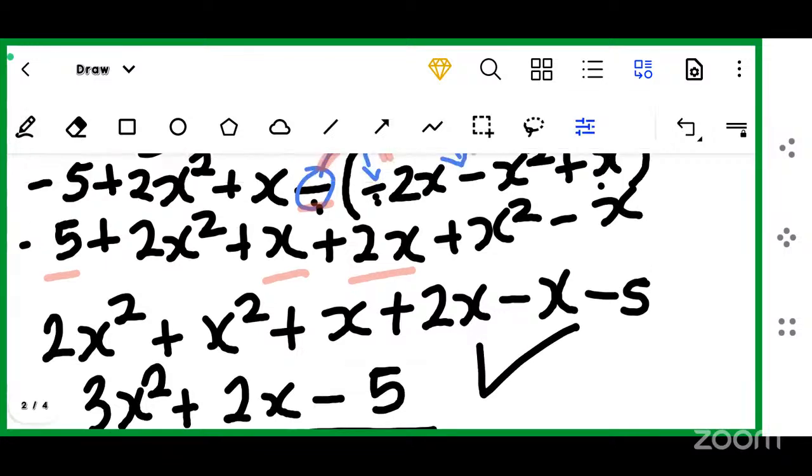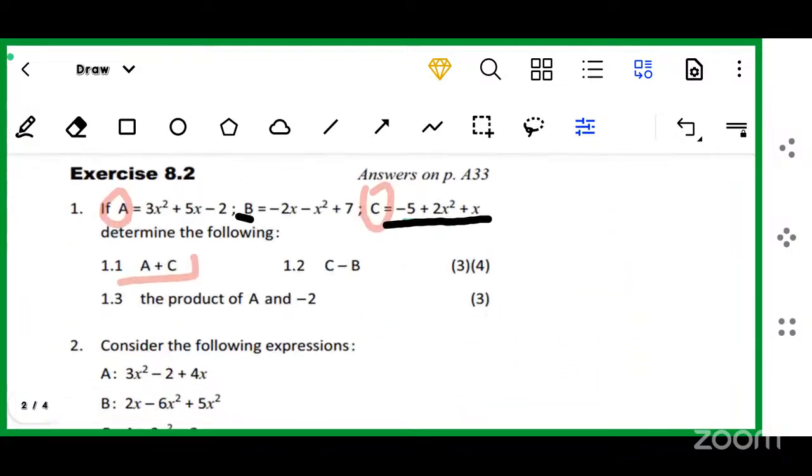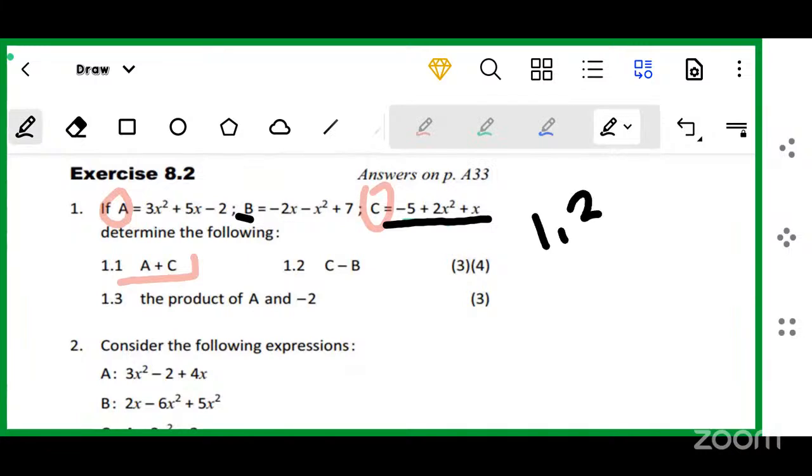So let's go with the other one, 1.3. Or you want me to give you something to work on? You can give me something to work on. Okay, so let's say find 1.3, which is A plus B. Try this one.